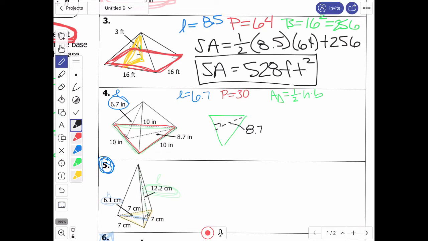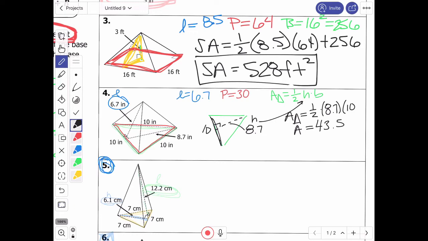So that's actually going to be my height for this base formula. And then all of my bases are actually 10. So this side, the base, would be 10. So the area of my triangle has to be 1/2 times 8.7 times 10 to get an area of 43.5.